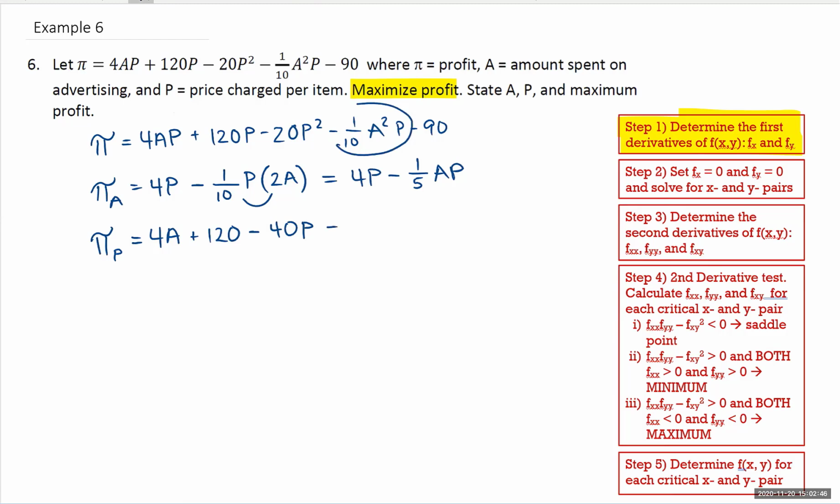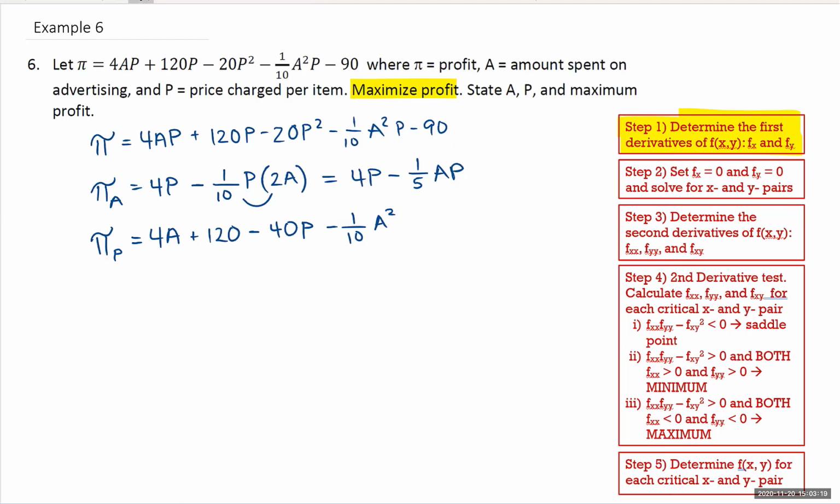For the fourth term, I get 1/10 A squared times the derivative of P, which is 1. And then for the last term, it's a constant, so the derivative is 0. Okay, so there are the first two derivatives, I should say.